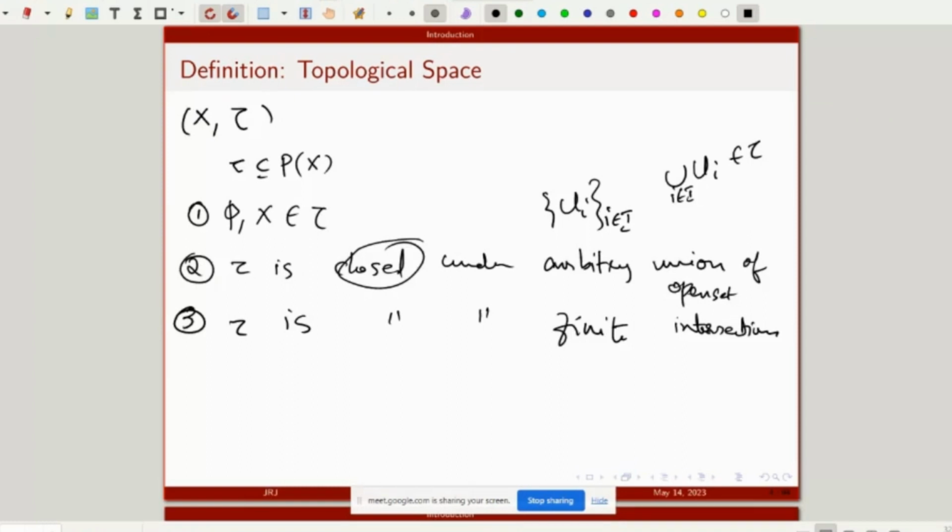This is what I meant by closed under arbitrary union. That is, an arbitrary union of open sets should also be an element of our topology. Similarly, a finite intersection of open sets should be open.